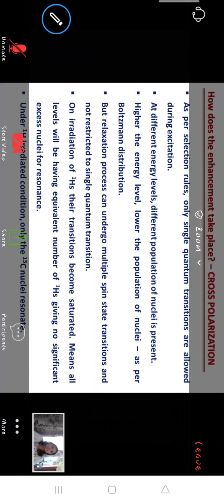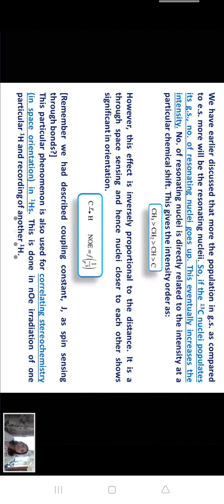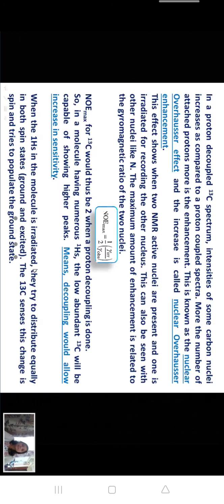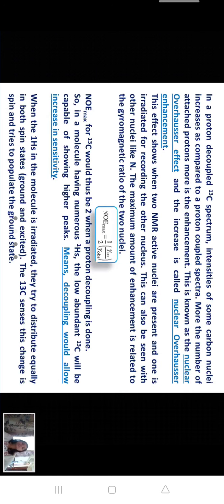The fifth point: on irradiation of protons, their transition becomes saturated. It means all levels will have an equivalent number of protons, giving no significant excess. And now you are talking about carbon 13. Going back a little more, when there is irradiation, the carbon 13 senses this change and tries to populate the ground state.